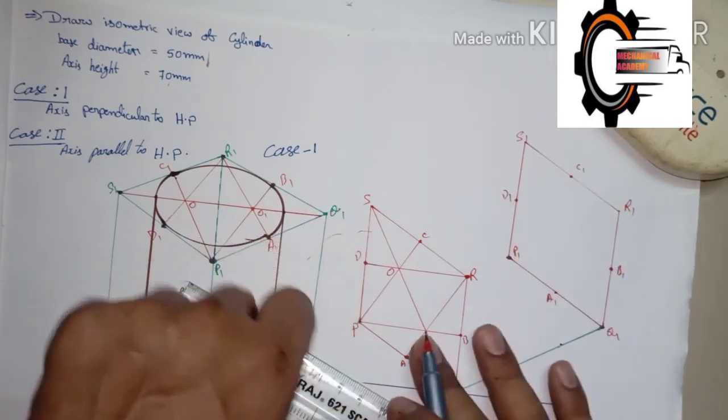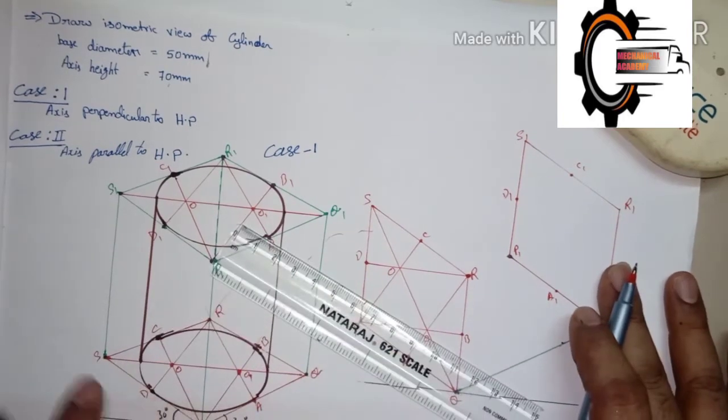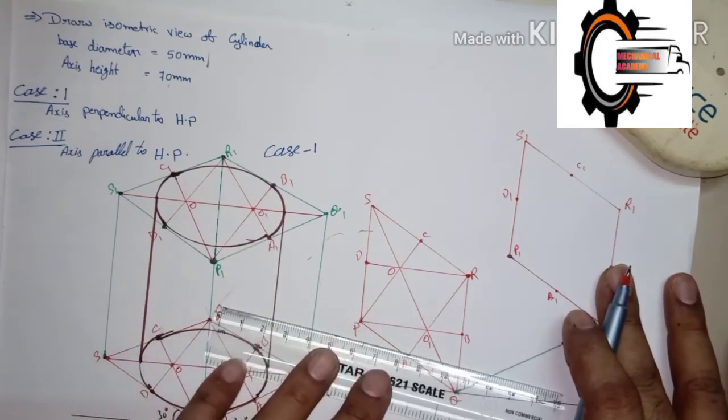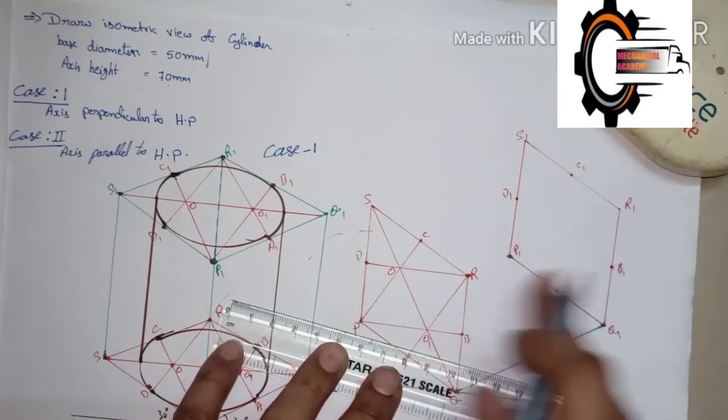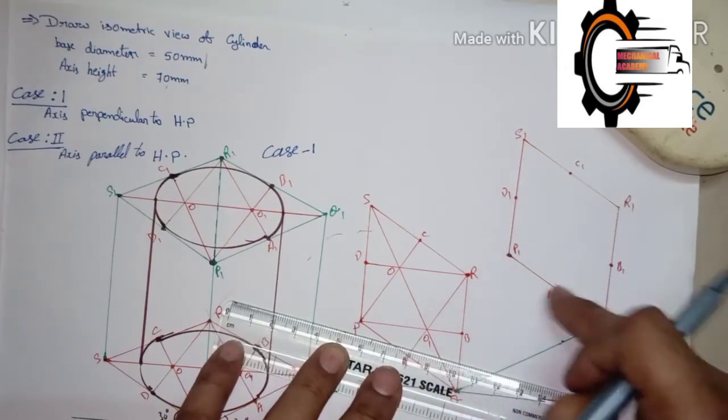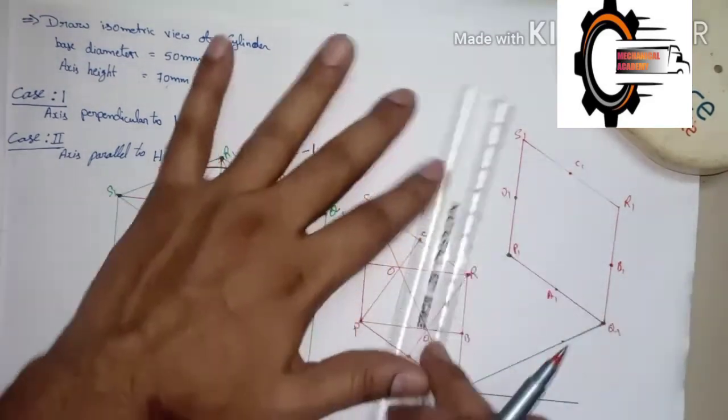Okay, in the same manner, in this rhombus also we have to mark and join the points, which is P to C, P to B and R to D, R to A. Okay, let's join it.